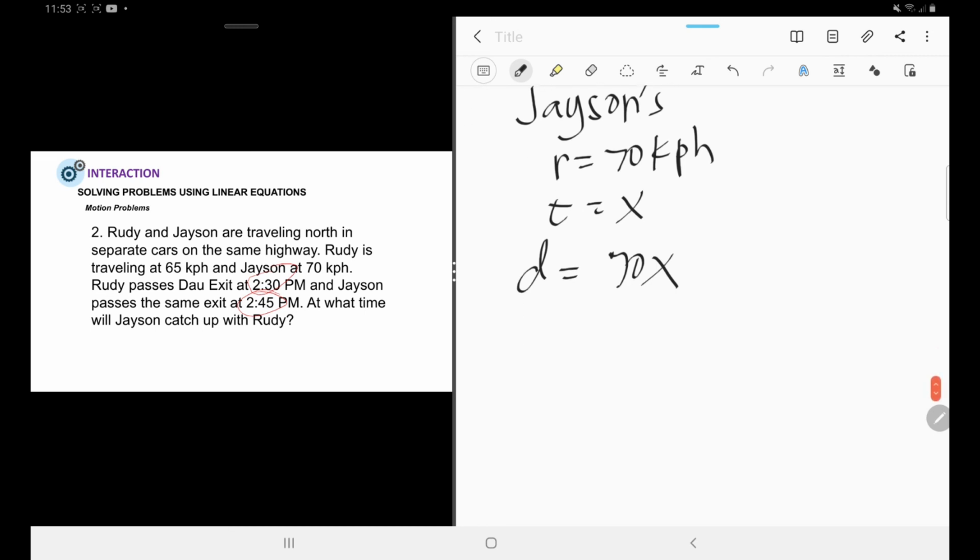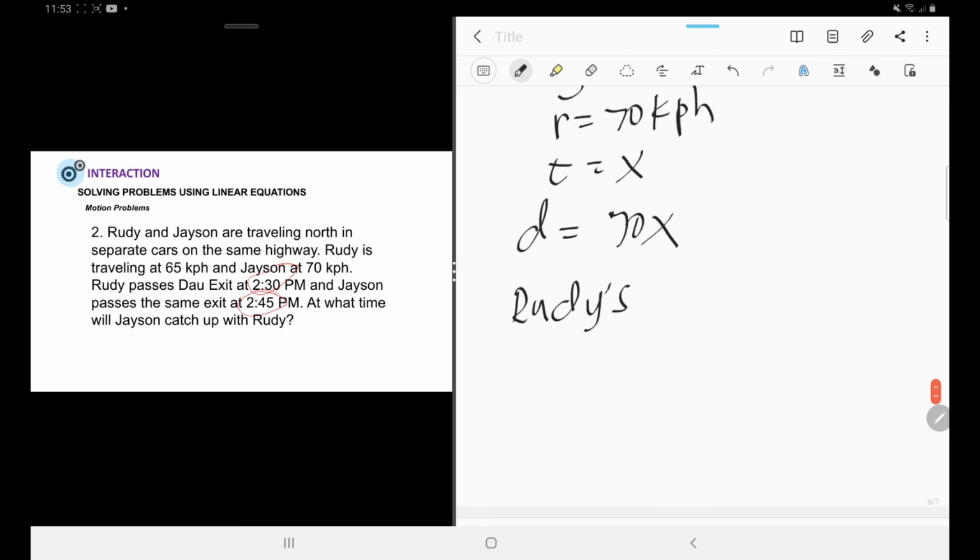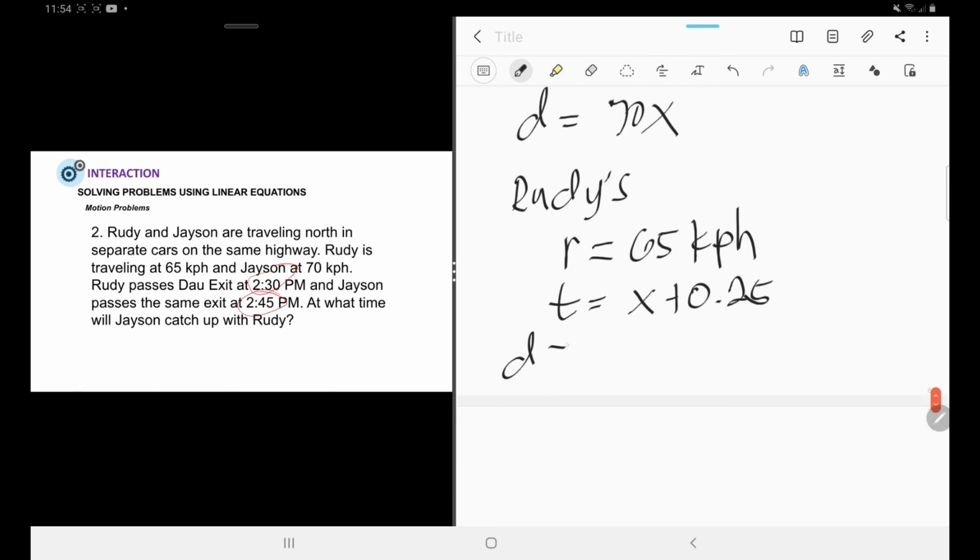That's rate times time. And for Rudy, the rate is 65 kilometers per hour, while the time is x plus 0.25. So the distance traveled by Rudy is represented by 65 times x plus 0.25.